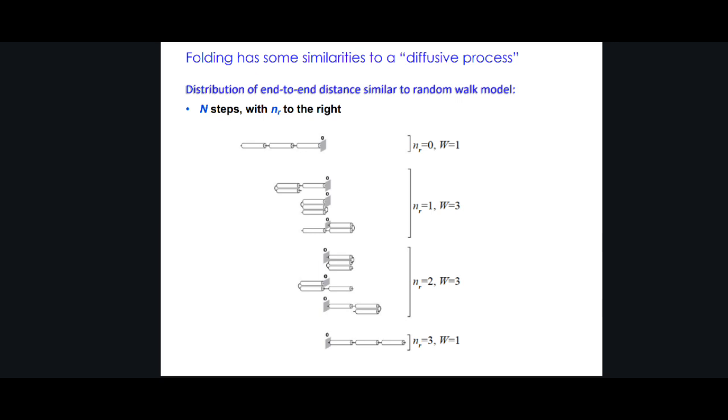What works very well in biophysics is to build up the simplest model and then add complexity. We refer to it as bottoms up. Top down, you overly complicate things and then you break it up. That's also possible, but the more popular way to do it is bottoms up. But at the end of the day, folding has some similarities to a diffusive process.